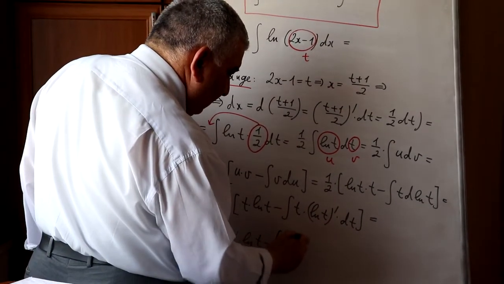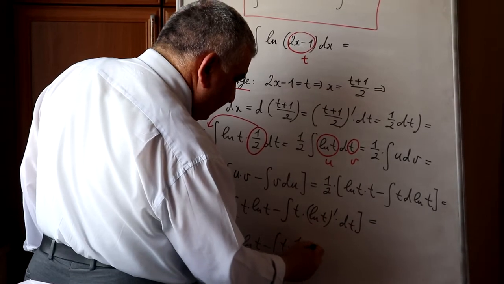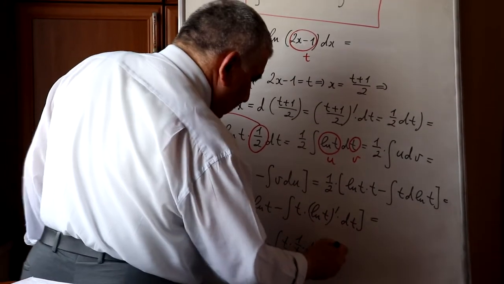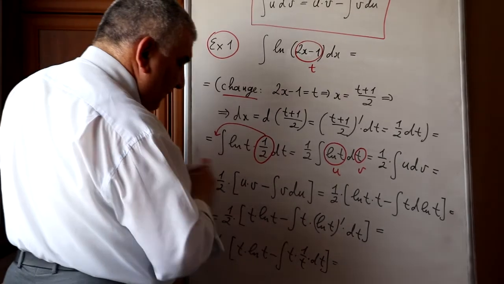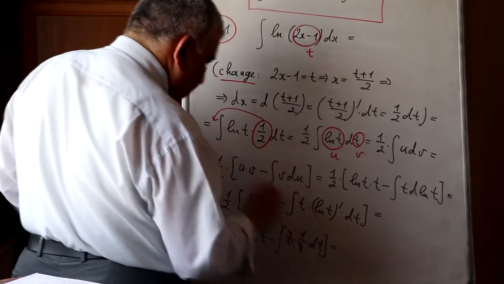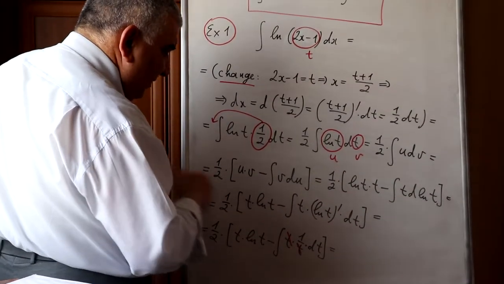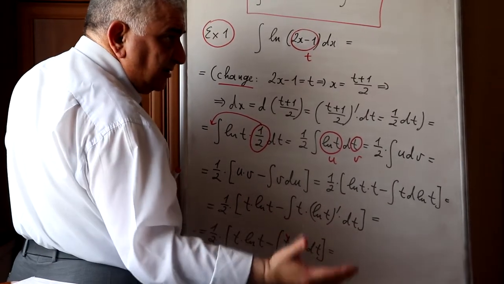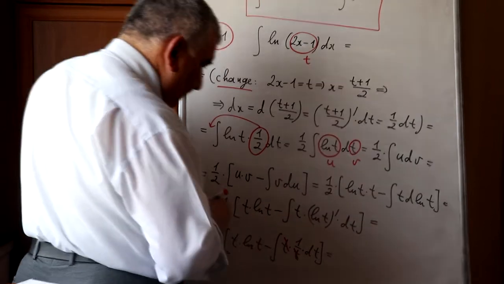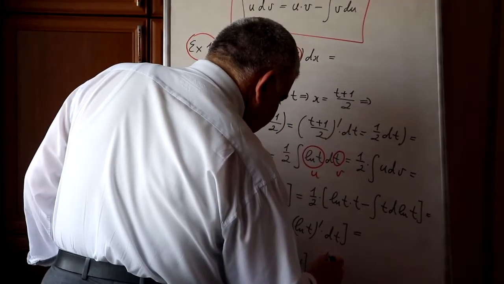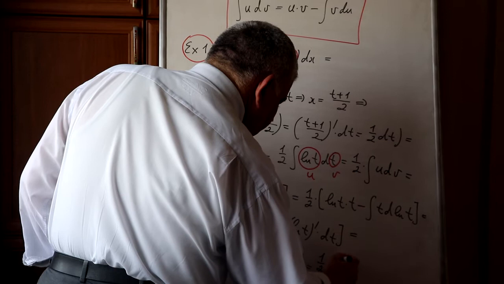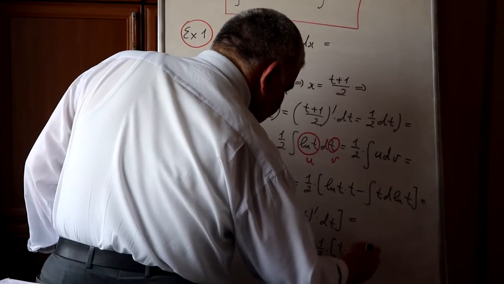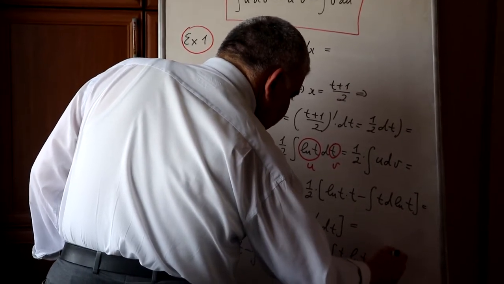Integral t multiplied by 1 over t dt. Here t and 1 over t are simplified, mutually simplified, and then we have integral of dt, and integral dt is simply t. 1 second multiplied by t multiplied by natural logarithm of t minus t plus c.